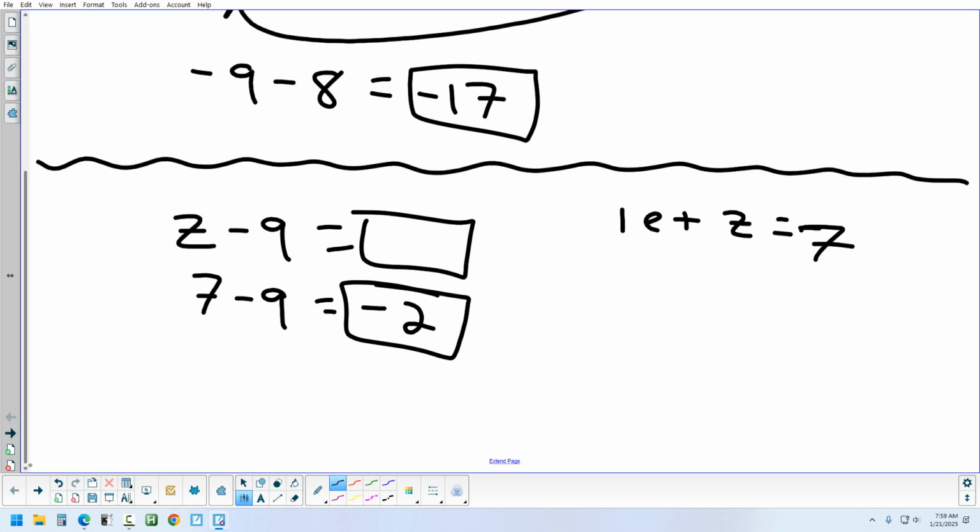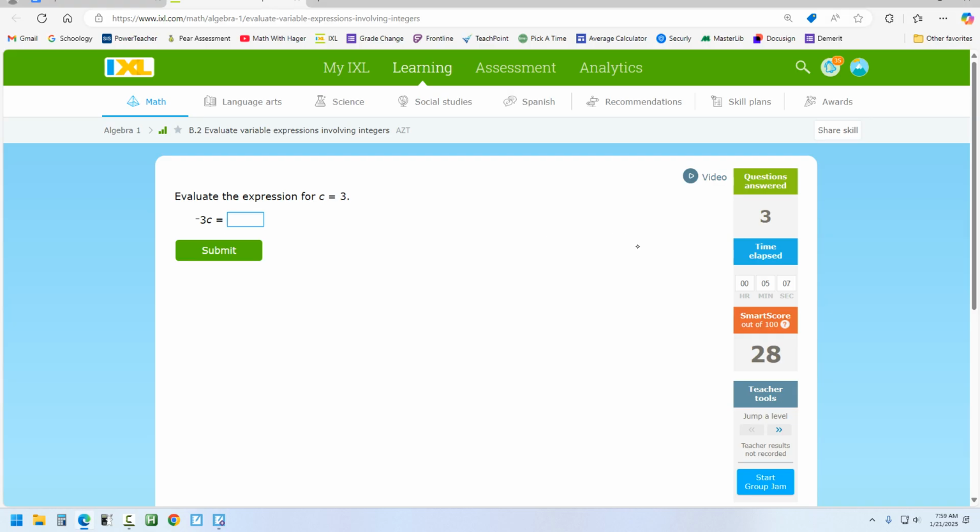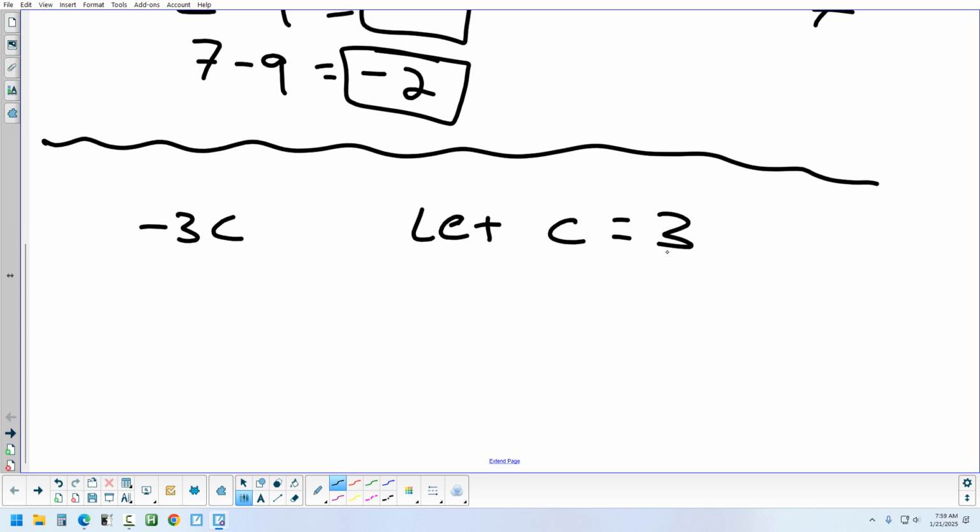Okay. So let's just put that here. -3c. And let c equal, what did they say? C is 3. Okay. So for this one, we're going to plug in 3 for c. When you plug it in, make sure you always put parentheses.